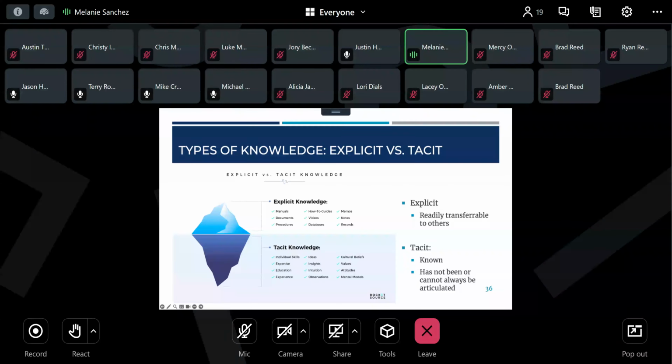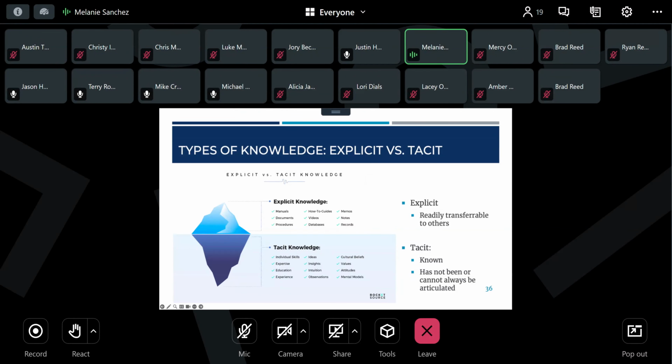So explicit knowledge can be readily transferred to others. It can be easily articulated, standardized, and shared independently of its human source, or it can be stored in systems or processes. So the most common types of explicit knowledge are manuals, documents, and procedures, right? They're physical pieces of knowledge.